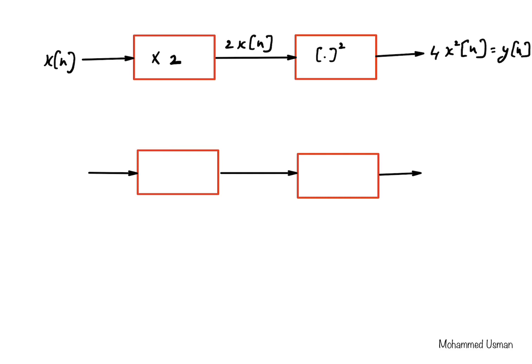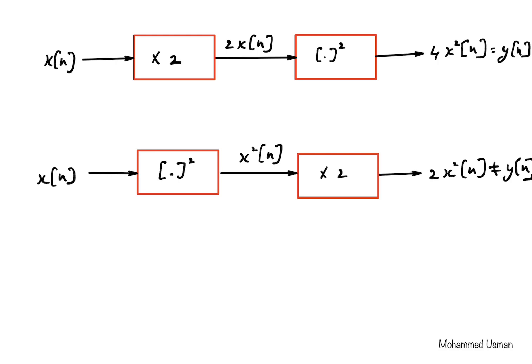So the first subsystem here is going to perform the squaring operation, and this will perform the doubling operation. The input to the first system is x of n, and the output is going to be the square of that, x square of n, and that will get doubled. So for the second system, the input is x square of n, that gets doubled, so the output will be 2 times x square of n, which is not the same as the y of n that we have above.